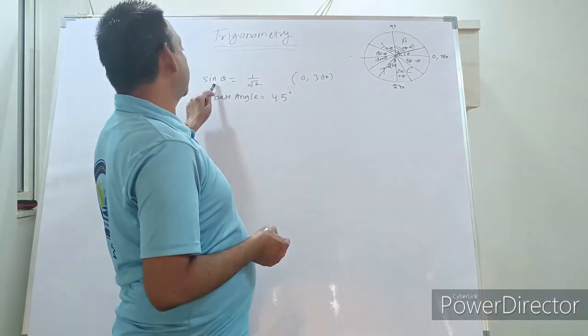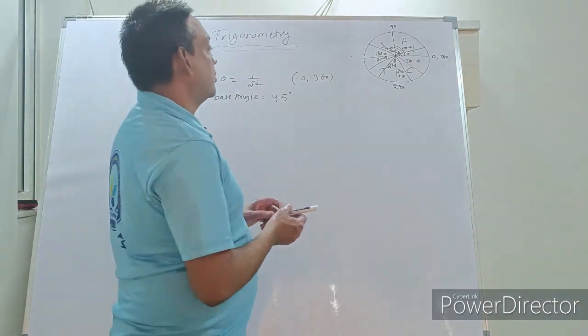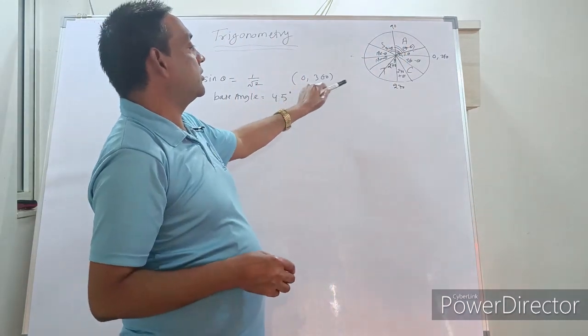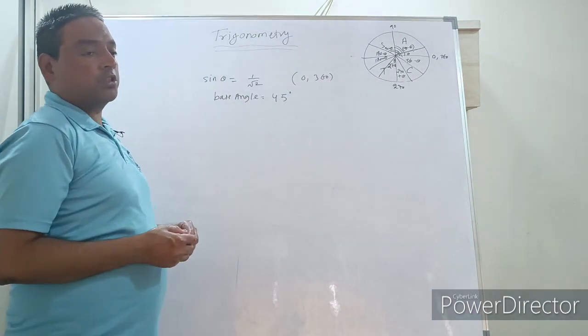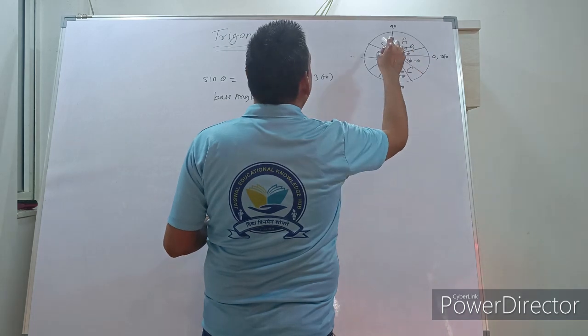Now they have given the sine positive value. So where do you get sine positive in the quadrants from 0 to 360? Sine is positive in the first quadrant as well as in the second quadrant.